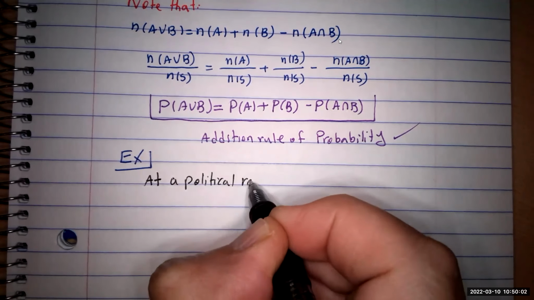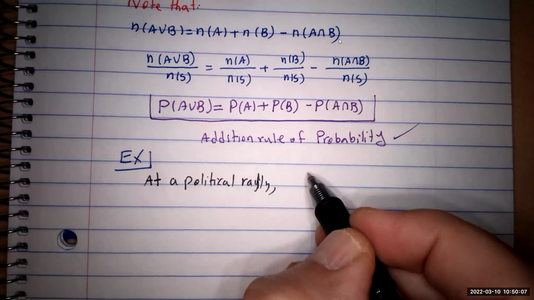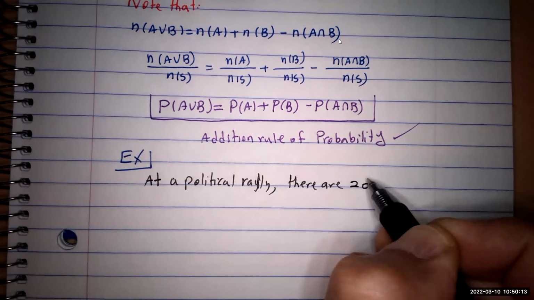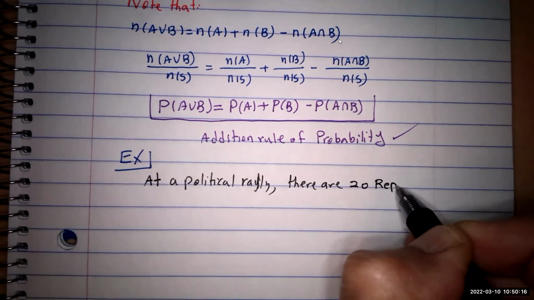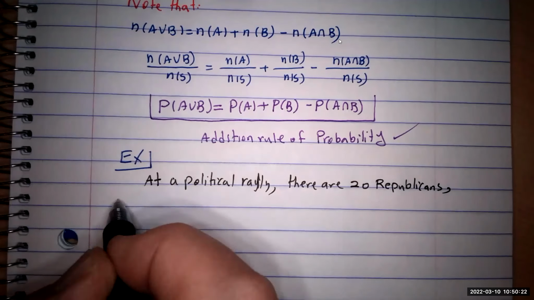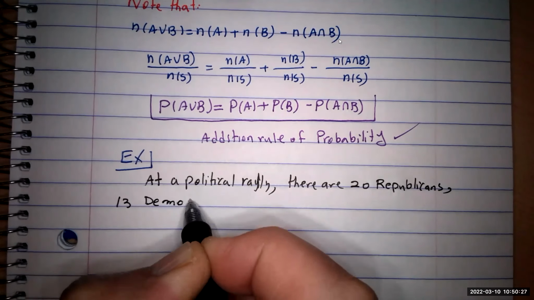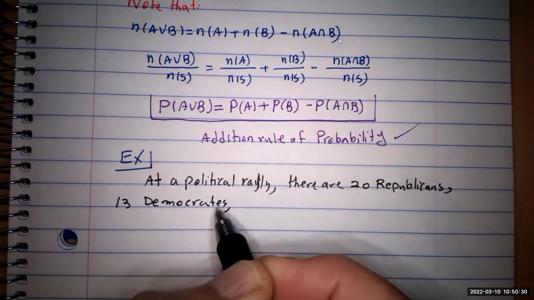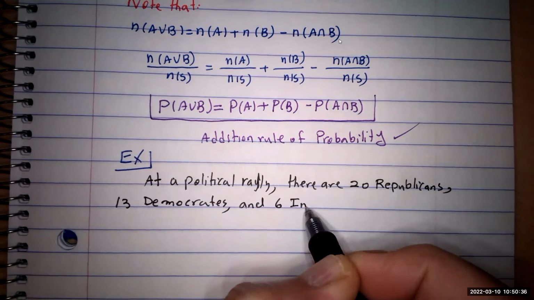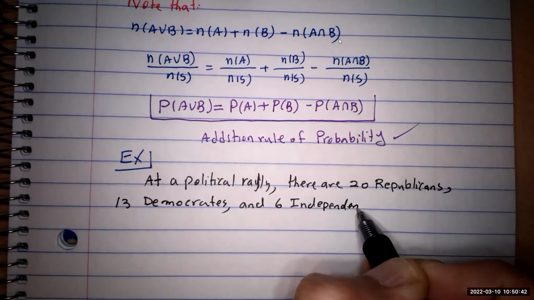Okay, so at a political rally, sorry, that's a gathering, and there are 20 Republicans, 13 Democrats, and 6 independents.